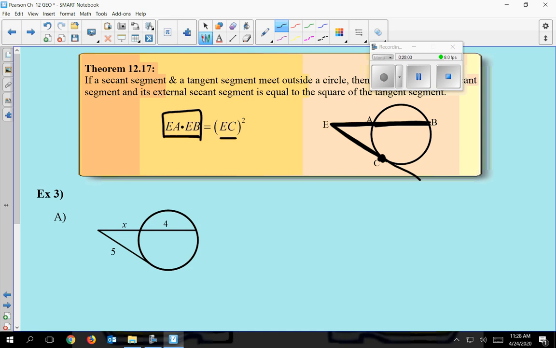But then they're taking the line that's tangent, and they're squaring it. Okay, and I can set them equal to each other. I don't want to read the theorem to you because it just gets crazy. Just remember, I'm using the same thing we just did, and I've got something that's a little bit different, so I'm doing something a little bit different to it. Okay. Unfortunately, some math here gets a little crazy.